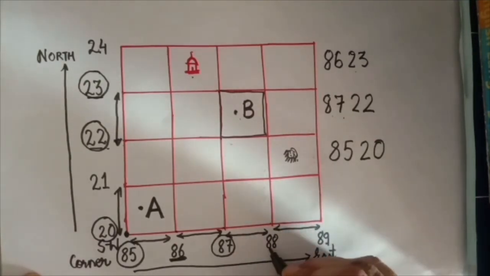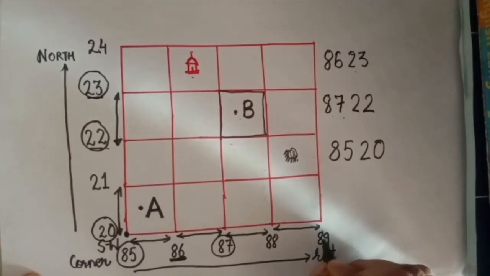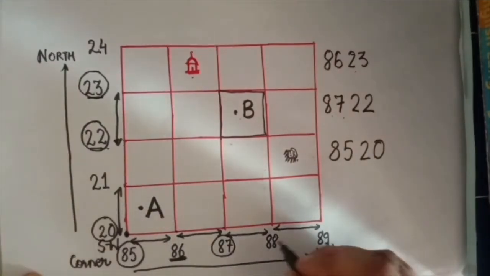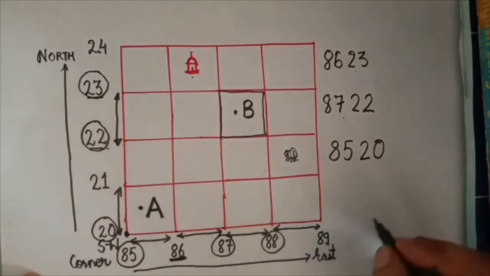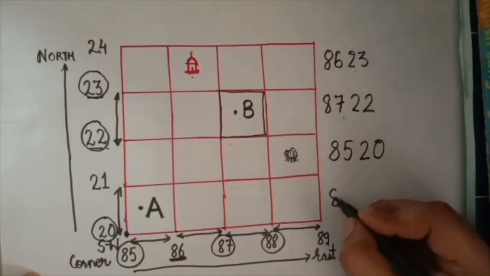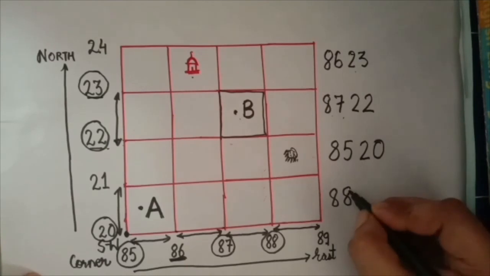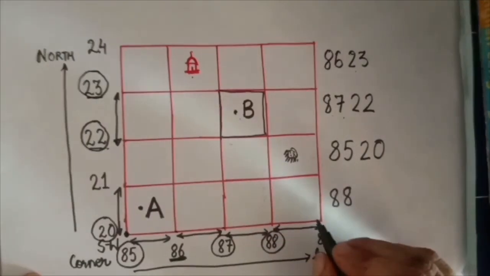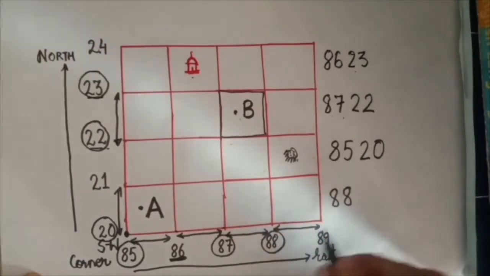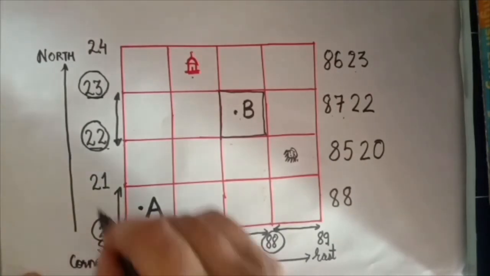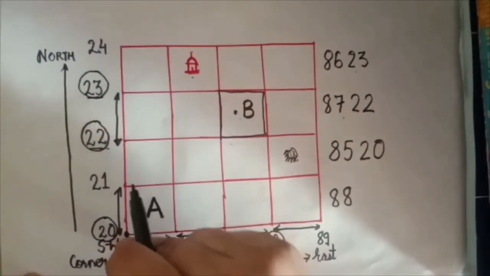Which is the lower value among these towards the southwest corner? It's 8-8. So we'll write down 8-8 as its easting.